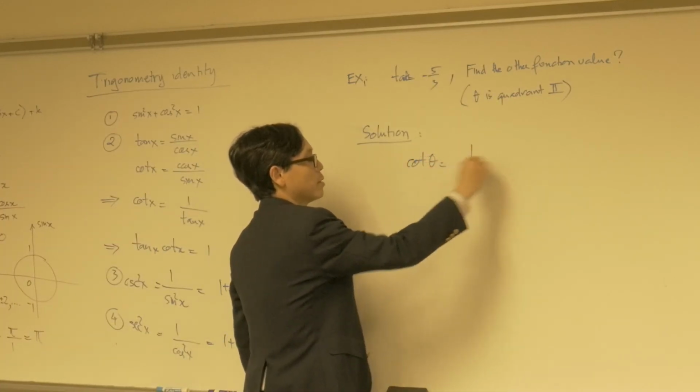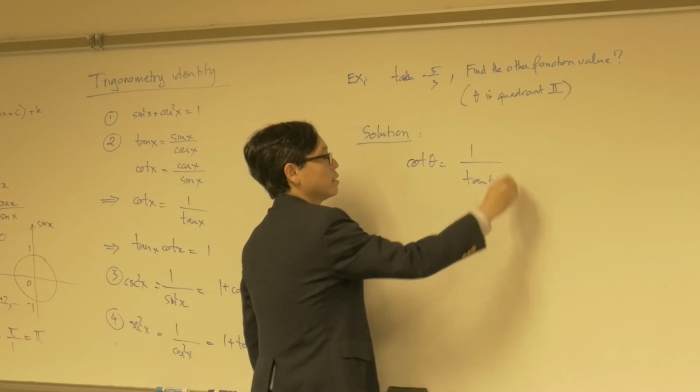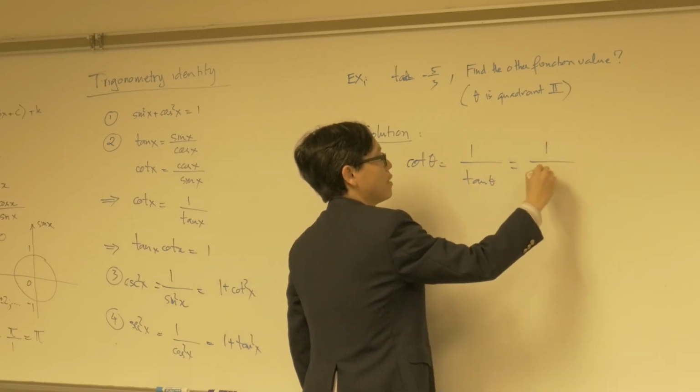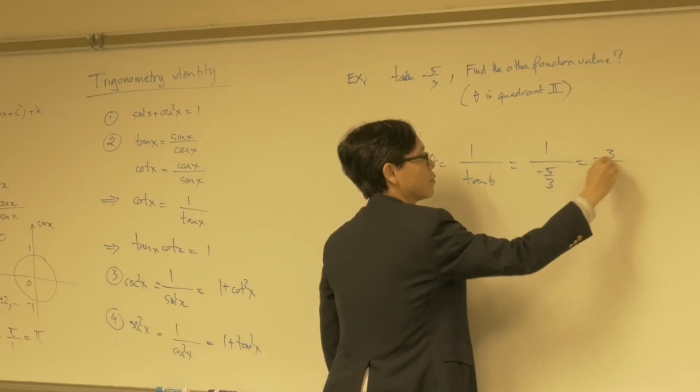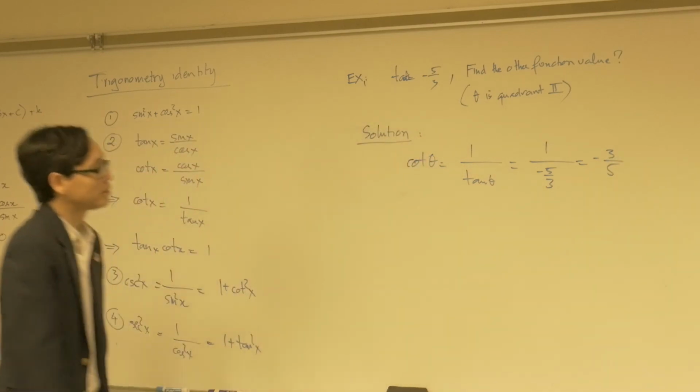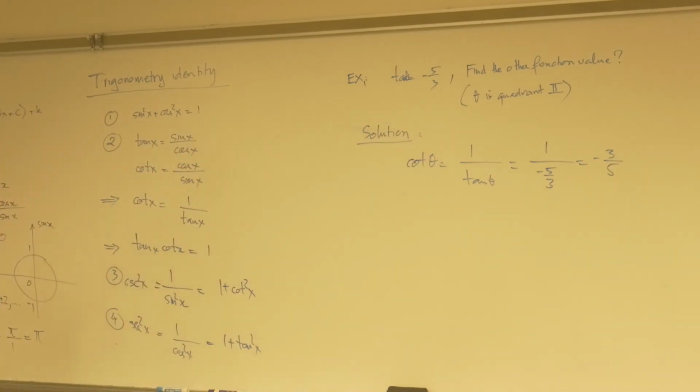Cotangent will be 1 over tangent, 1 over negative 5 over 3, which is negative 3/5. Let's see if it satisfies that theta is in quadrant 2. In quadrant 2, cotangent is negative. Yes, so it's good. We always have to check that it satisfies the condition.